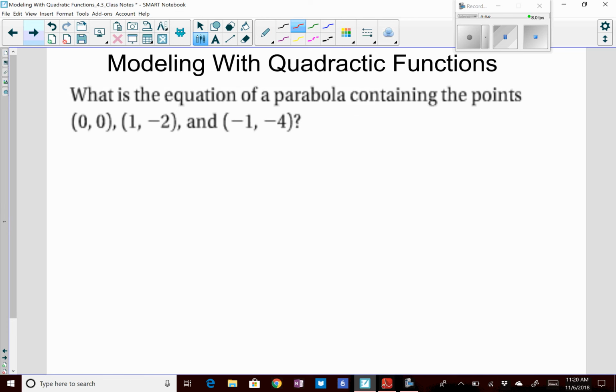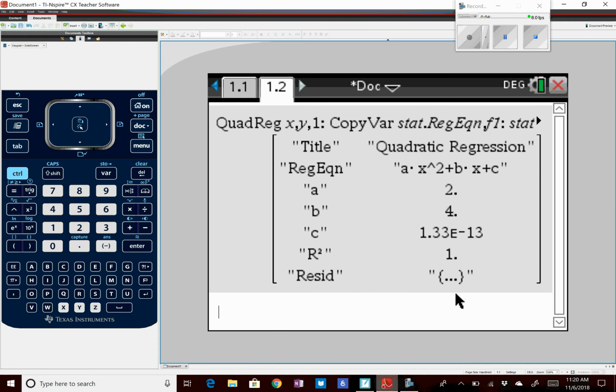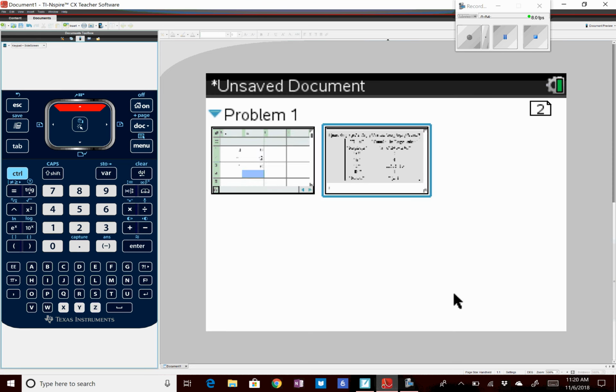Same idea here. They have a parabola that's going through the points 0, 0, 1, -2, and -1, -4. So they want the equation. We'll do a quadratic regression, and we'll come up with the equation. So let's get rid of this.